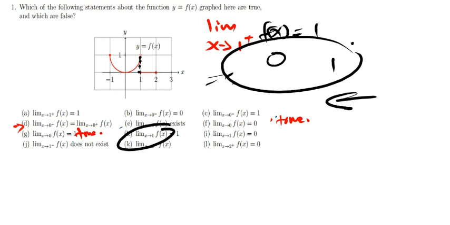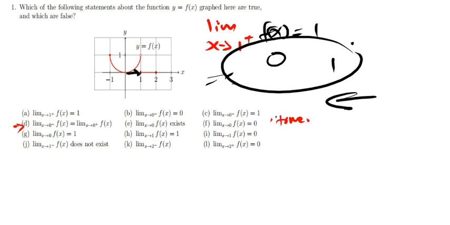Now, does this limit exist? Let's see. The limit as x approaches 1 from the left side. They are saying that it doesn't exist. As we are getting closer to 1, what is the value of y?